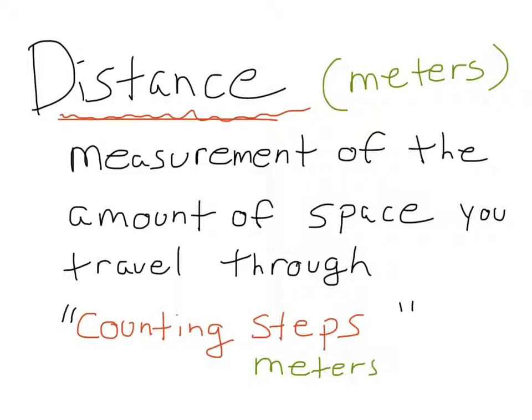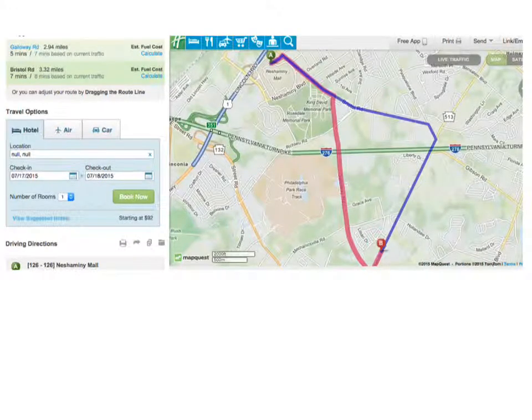So let's take a look at a couple of distances. Here is a map with some driving directions. This is a map that's going to get you from the Neshaminy Mall, point A, to point B, Bensalem High School, to locations that you're probably pretty familiar with. You're probably also familiar with the fact that there are many ways to go from the Neshaminy Mall to Bensalem High School.